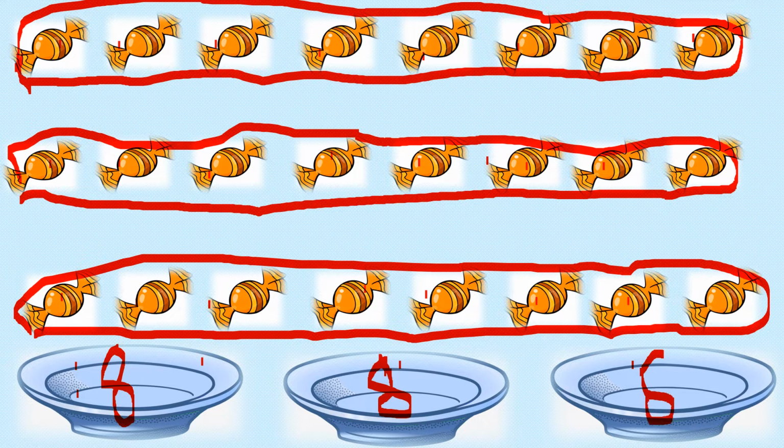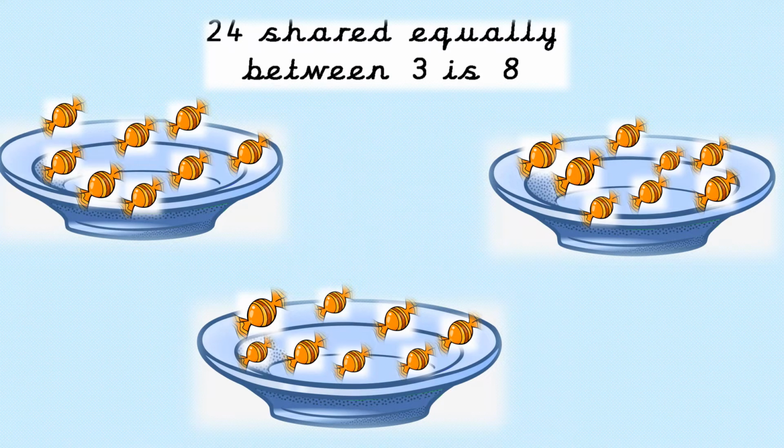I really wish I knew how to do a cool little animation where I could drag them all into the bowl so you could see that. Alright, so we have shared those 24 sweets equally between 3 and each group got 8. So 24 shared equally between 3 is 8.